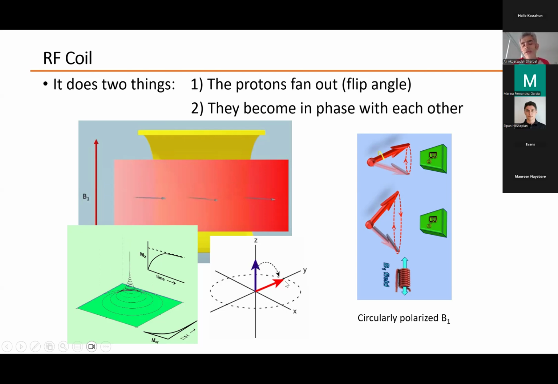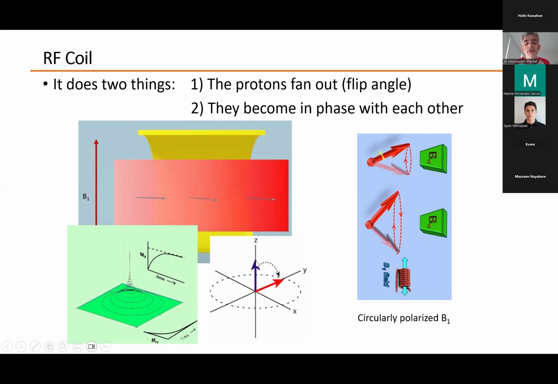This is another illustration that shows what happens. When we turn off the B1 field, because we have a great field along the transverse direction like Y or X, we can pick up this field with the receive coils.